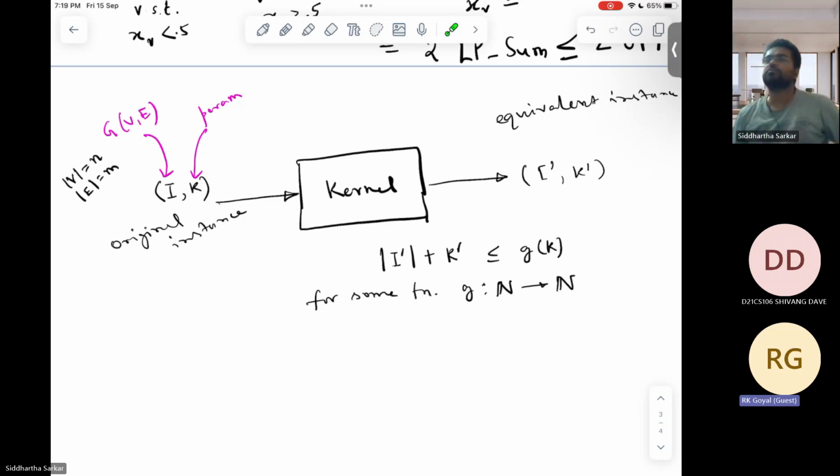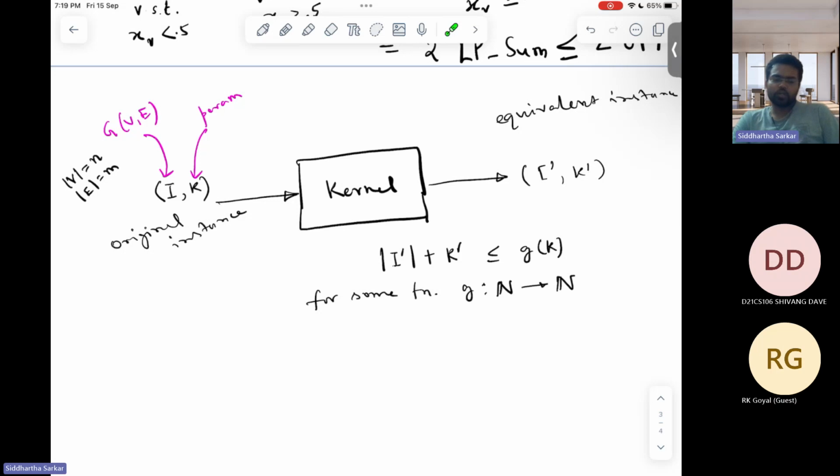If I view this kernel from the same perspective, how are we carrying out the transformation of the original instance of the problem along with the given parameter into something where the size is just a function of only one parameter?